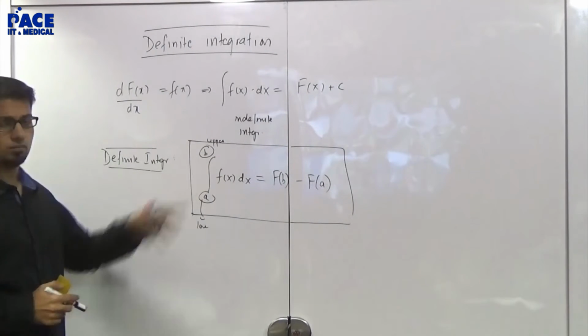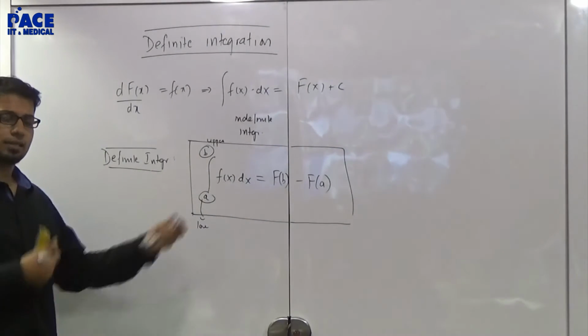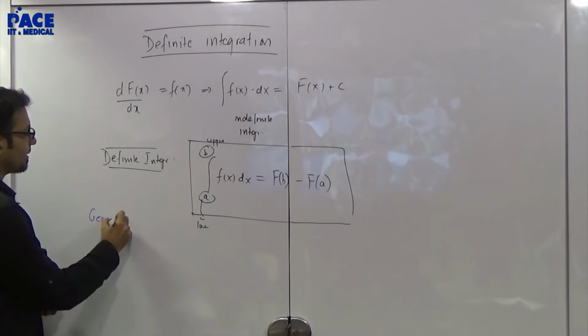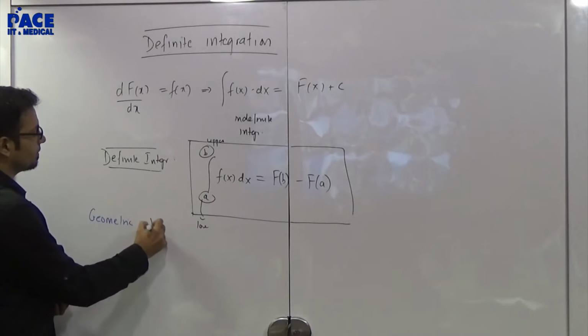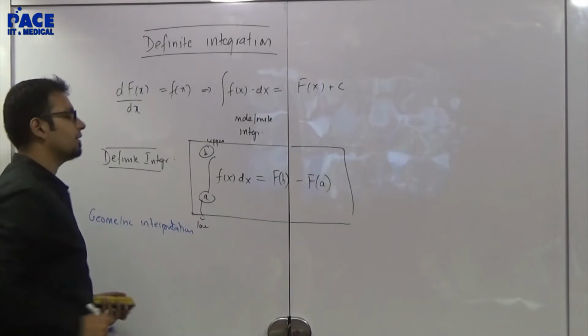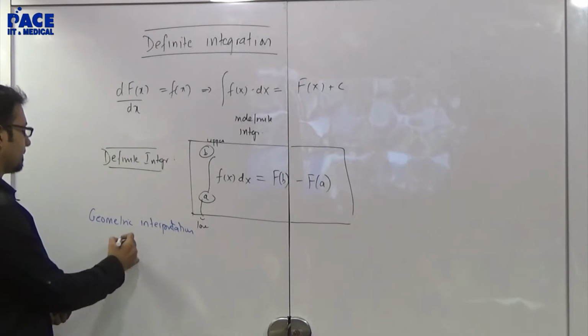Before we actually get into the chapter, let's get into the geometric meaning first. Now you all have heard of the geometric interpretation of the definite integral. What is it? It's the area under the curve, right?